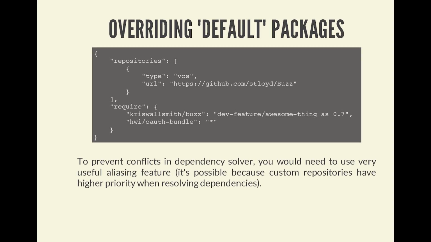To prevent conflicts in other bundles that use this package, you can simply use aliasing in Composer. This allows you to tell Composer that this bug fix, this new feature, should be treated as a merged version, let's say here, 0.7.